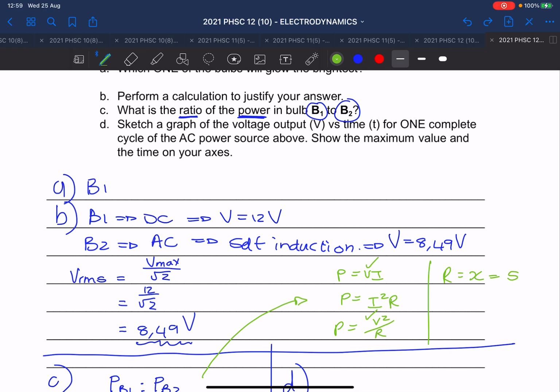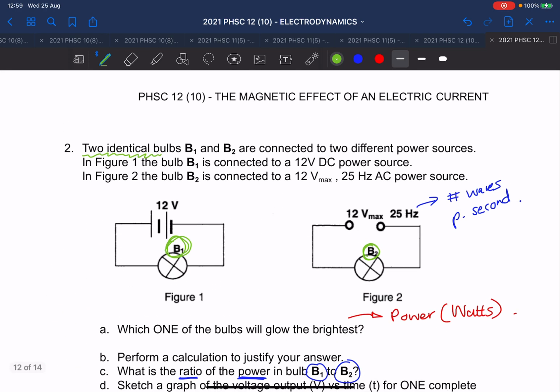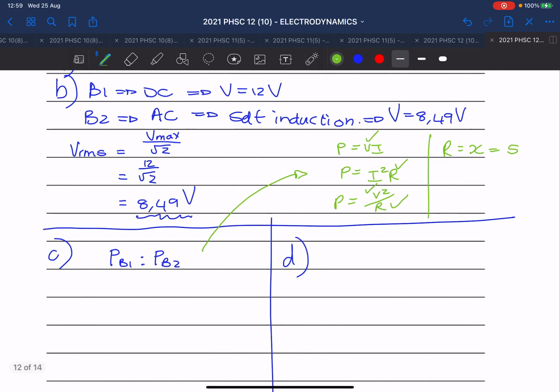It doesn't matter, they're just the same. Do I have their current? No. So that causes me to use the third formula, because I have the volts and I can compare the resistance because they are equal.